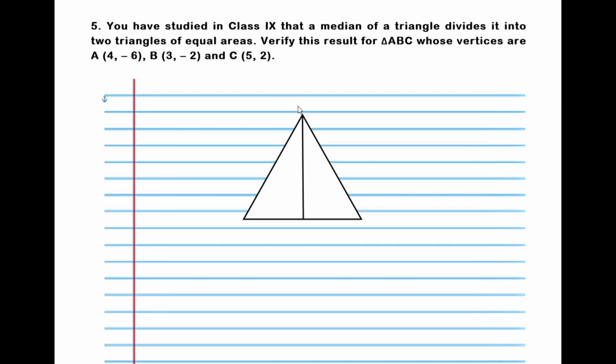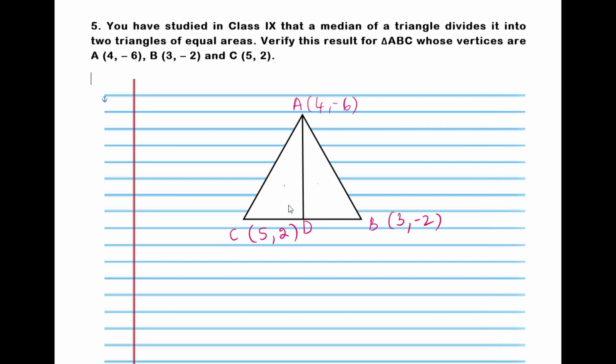Students, consider triangle A, that is 4 comma minus 6, and B as what? 3 comma minus 2, and C as 5 comma 2. Now a median, that is AD, is the median which divides the triangle ABC into two equal areas.